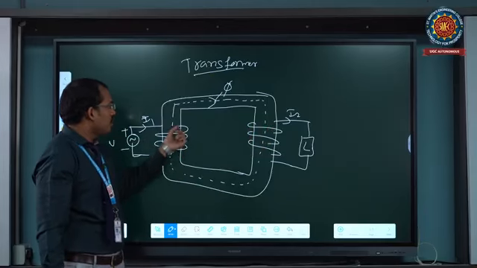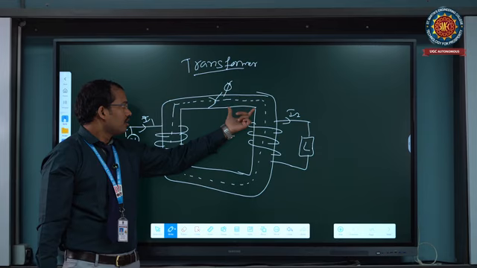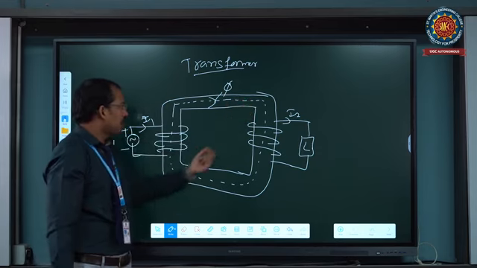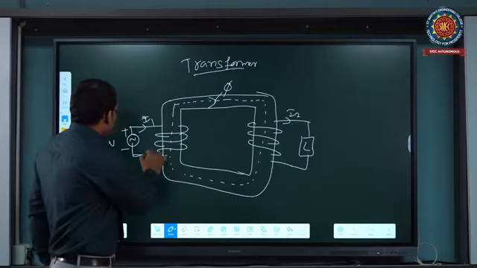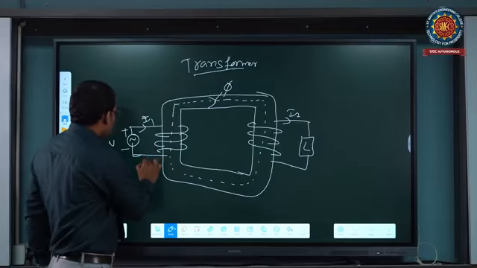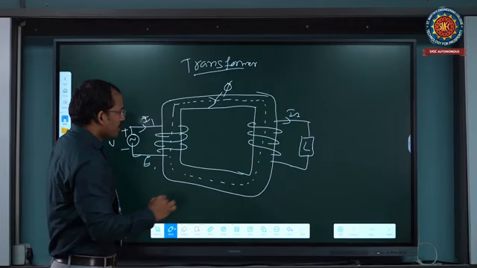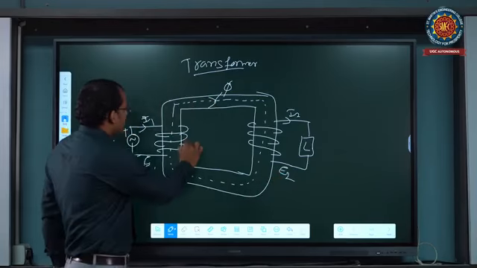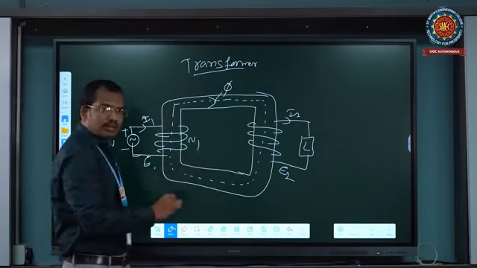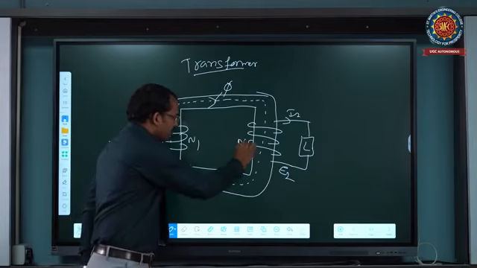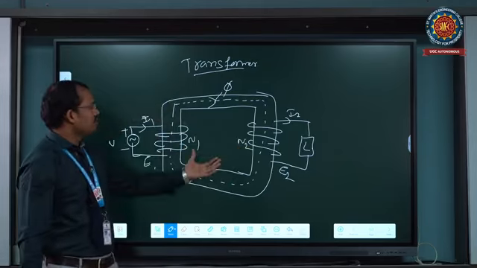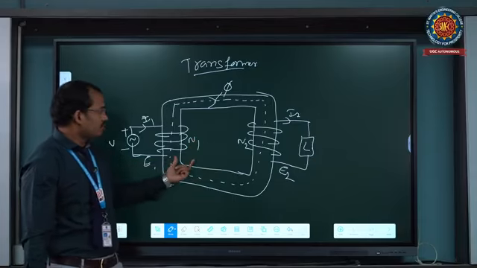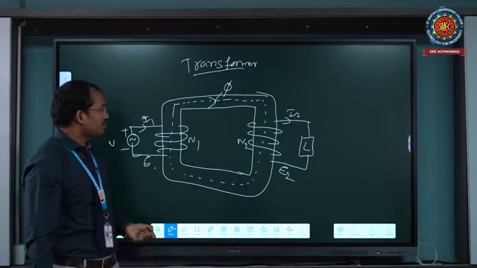The iron core is laminated, with different layers called laminations. The primary side induced EMF is E1 and the secondary side induced EMF is E2, and the primary side number of turns is N1 and the secondary side number of turns is N2. This is the basic construction of the transformer.